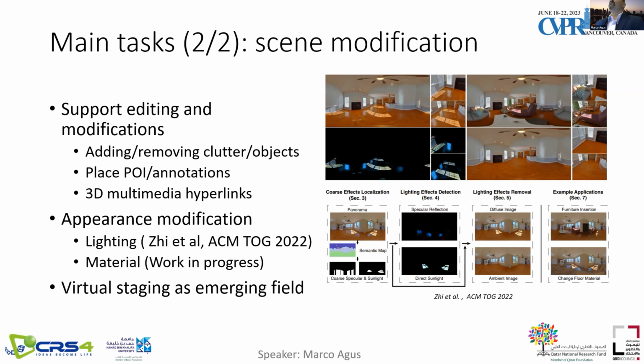And yesterday at the workshop there was a very interesting talk from one of the guys at Zillow, and they presented the results of a paper that they published at SIGGRAPH last year, in which they could extract the lighting information from a single image. They could decompose the lighting into diffuse and specular components so that they could completely change the lighting of the scene.